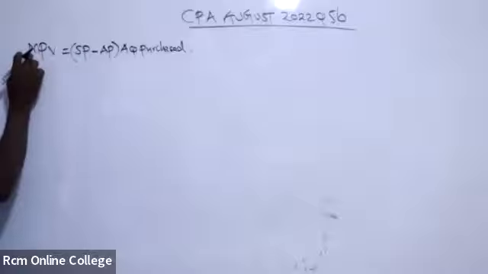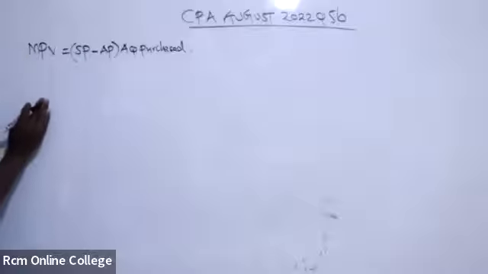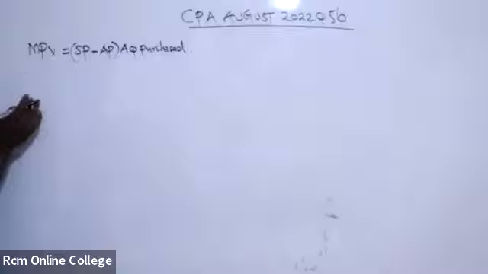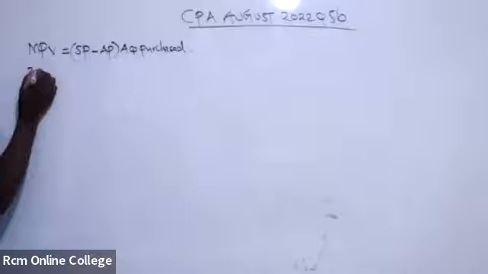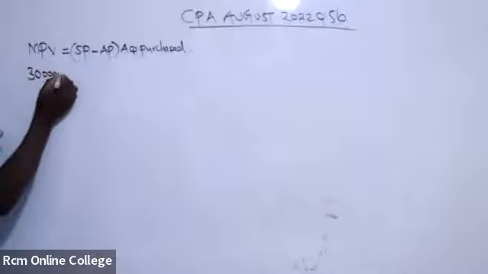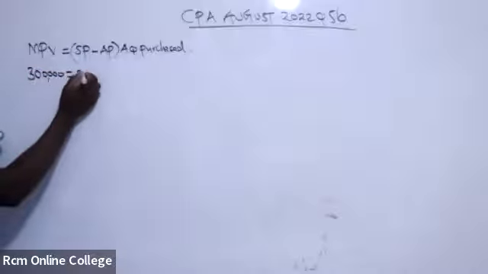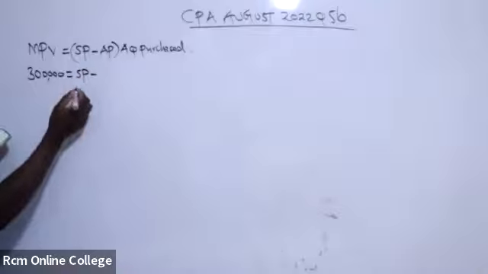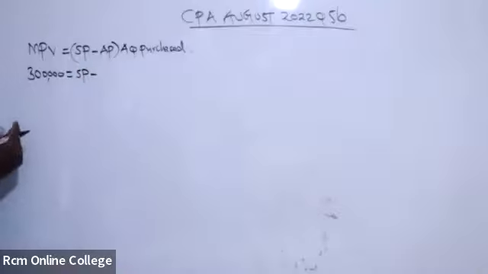Good. Now, can we look at the price variance that has been given? Remember, this is not a reverse variance, so you get a negative, you call it a negative. I can see that the amount is 300,000 favorable. A positive of 300,000 is equal to the standard price, which we are looking for, minus actual price of raw material. Do we have the actual price of raw material?